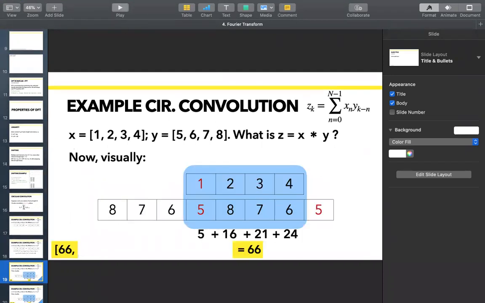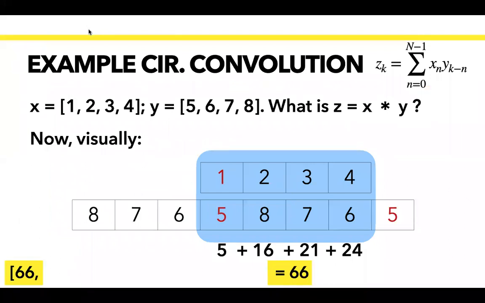Another way to do it is to think of it visually. So again, here, what we've done is we've taken X, and here we have Y. All right, so we have our X here.